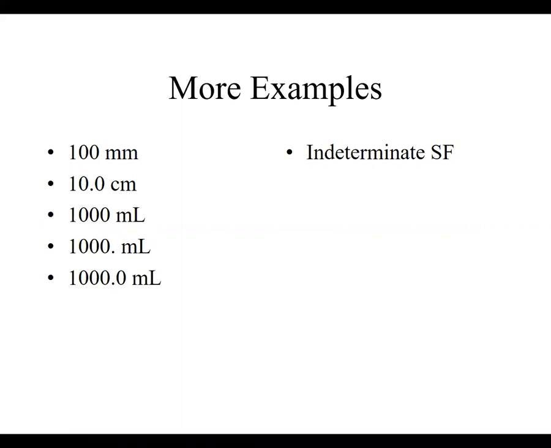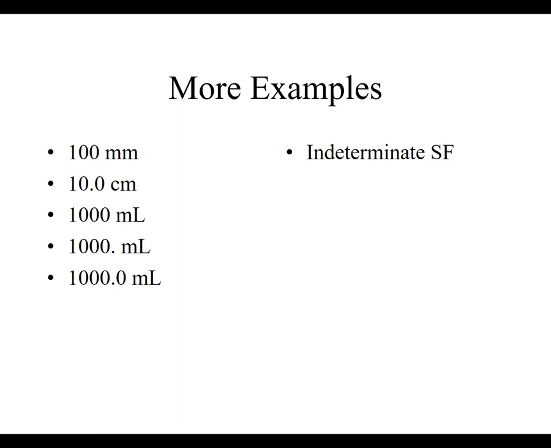It could be that the first zero is significant and the second one is not. In this case, the uncertainty first appears in the tens position. And we know it give or take about 10 millimeters. The true value is somewhere between 90 millimeters and 110 millimeters. Or in other words, 100 millimeters, give or take about 10.